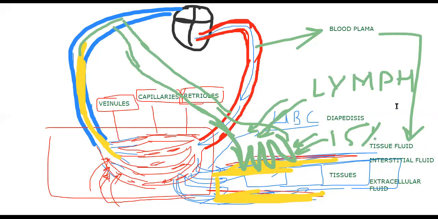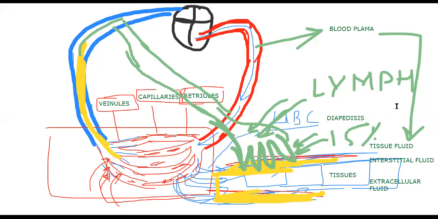Okay. So in the blood, it is called blood plasma. Then in the tissues, when the blood plasma comes out, that is said to be tissue fluid or interstitial fluid or extracellular fluid. When it enters into the lymph capillaries, collected by the lymph capillaries, that is considered the green one.